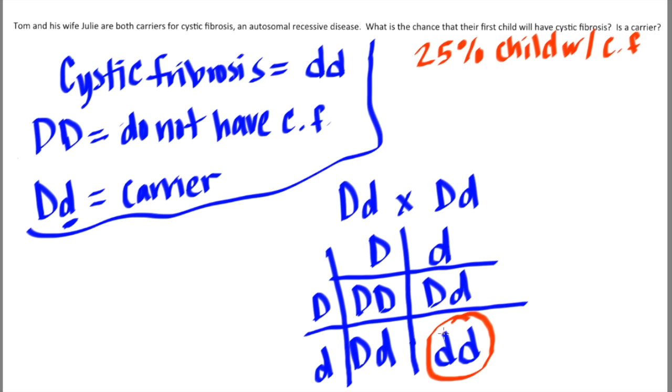Because you have that dd. Then you have a 50% chance, because there's two of these here, of having a child that's a carrier.